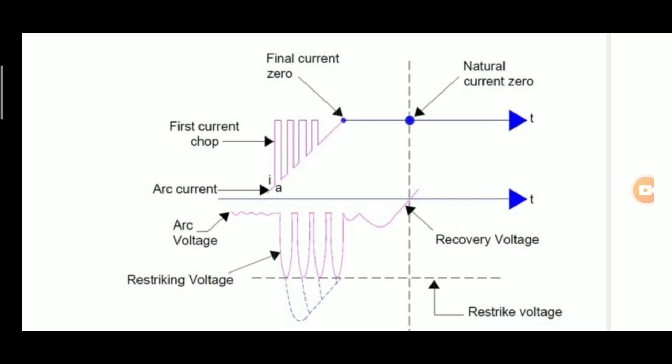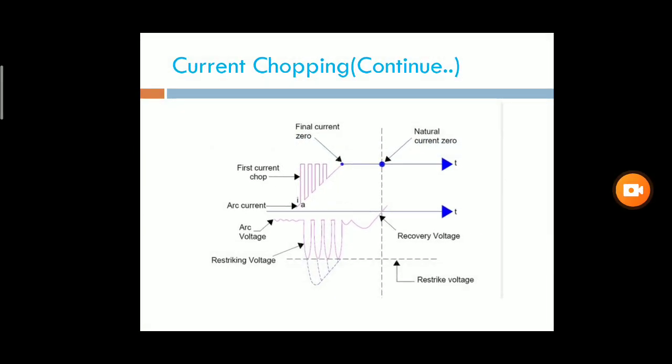Resistance switching and current chopping are among the major important criteria in the case of circuit breakers. Resistance switching is used to overcome the effect of the over voltages due to current chopping.